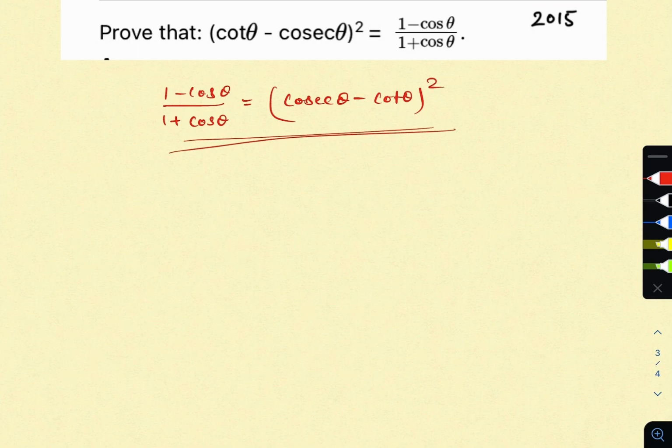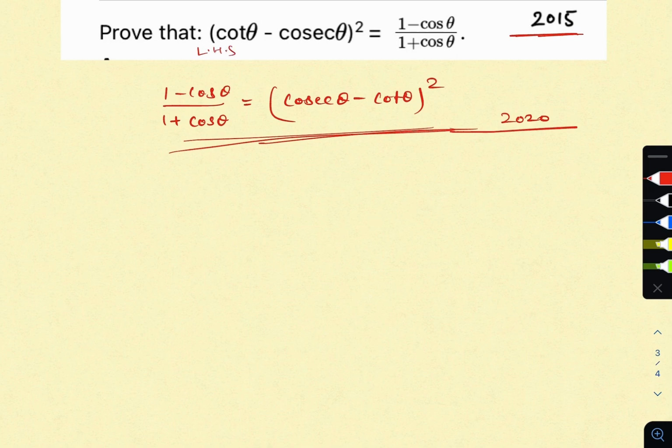This was the first question, and it was asked in 2020. And the third question which we are discussing here was asked in 2015. So look, what is the similarity here? Whatever the left hand side given here, that is the right hand side in the previous question.